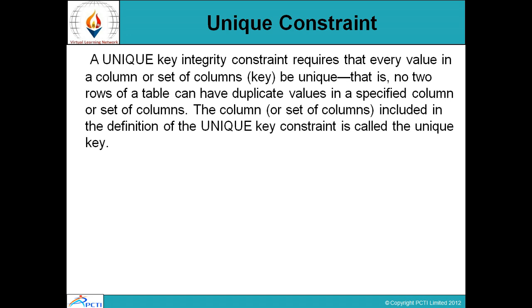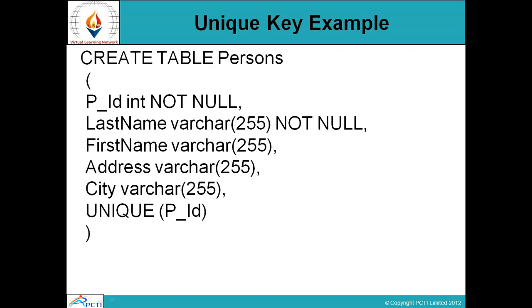The name column will contain names, and all names should be unique, not repeated. So no two rows of a table can have duplicate values in a specified column or set of columns. The column included in the definition of a unique key constraint is called the unique key.